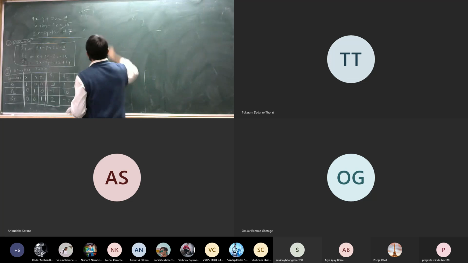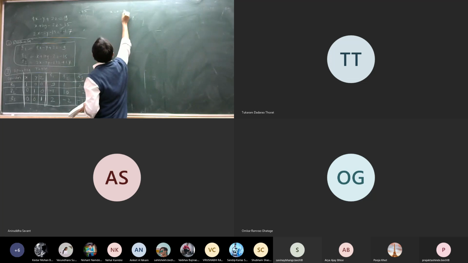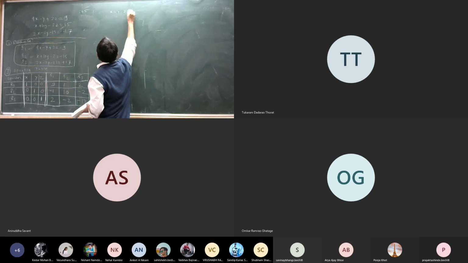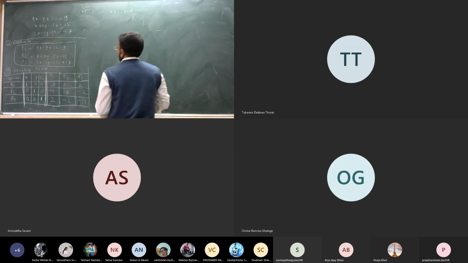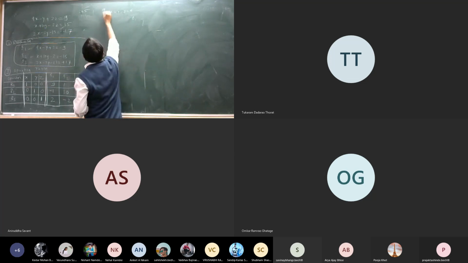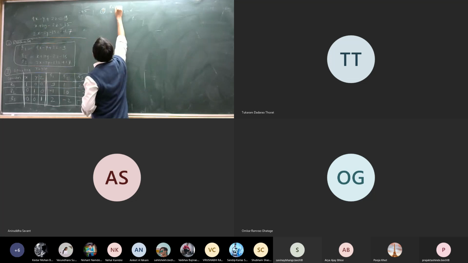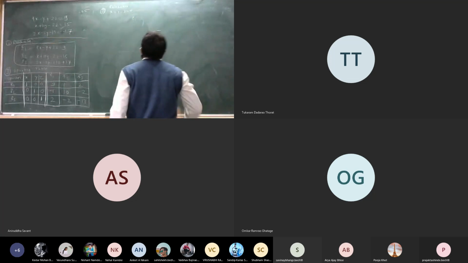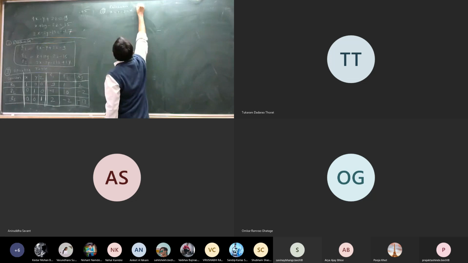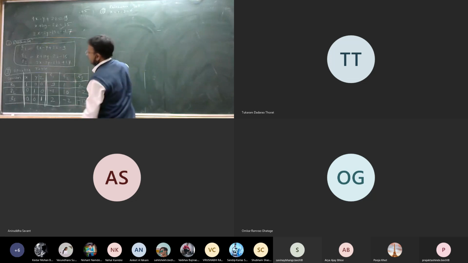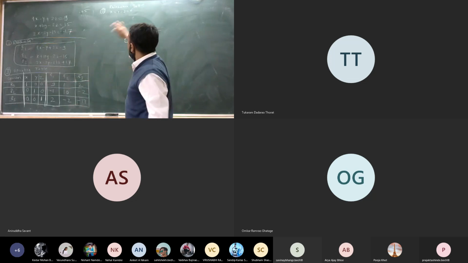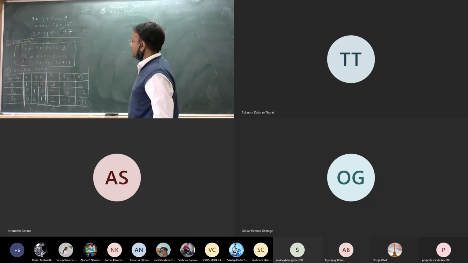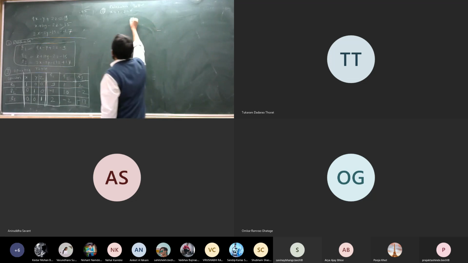Now start with the initial value: x is equal to 0, y is equal to 0, and z is equal to 0. So we'll write the relaxation table. Same table we have to write, the same way we do the relaxation table, the way we have written previously.